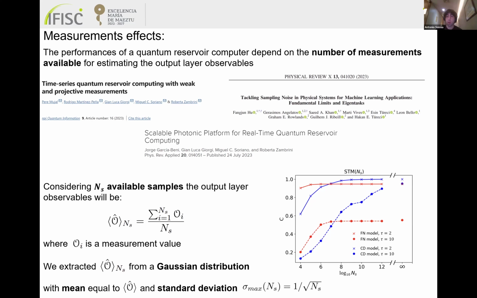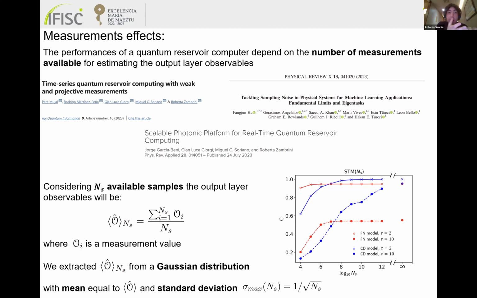And what we can see from this plot is that the fewer measurements we have, the worse the performance will be. And in order to find an advantage with the dissipation that we are introducing, we need to have enough measurements to be able to really see the advantage. This is a property specific to this model.